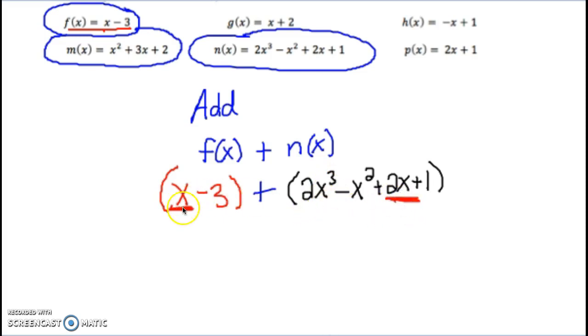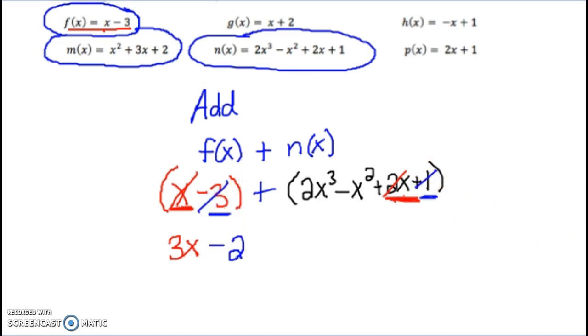I can only add it to something that looks the same. So 1 apple plus 2 apples is 3 apples. It's 3x. Now I've used both of those. If I combine my minus 3 and plus 1, well, it's a negative 3, so it's got to be negative 2.